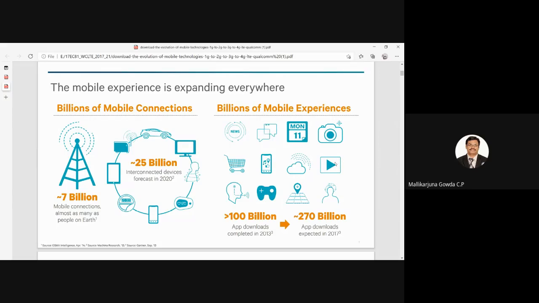And this is about the Play Store. You'll be able to download any app you want. The number given by 2013, so many billions of apps will be downloaded. By 2017, so many. Now by 2020, maybe more than this.